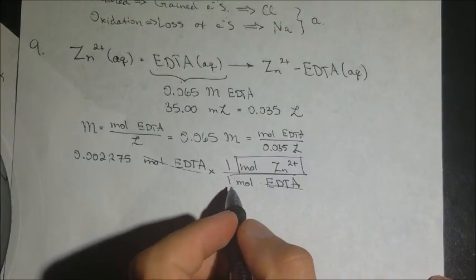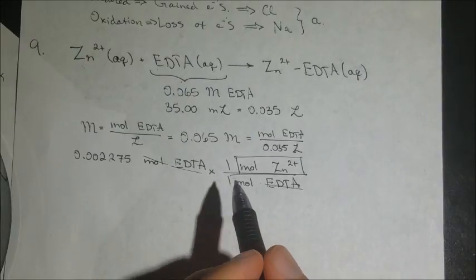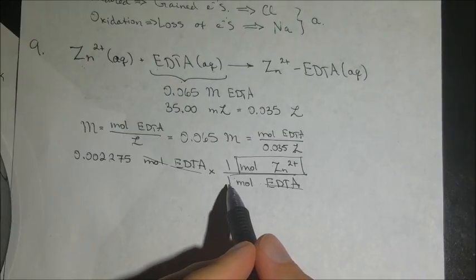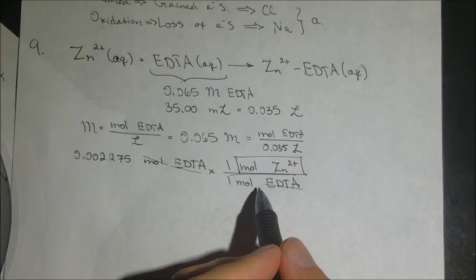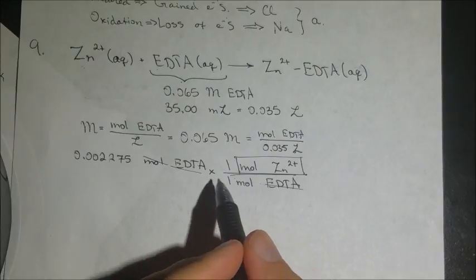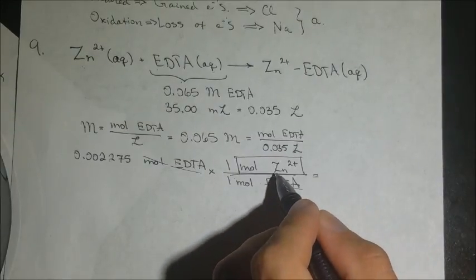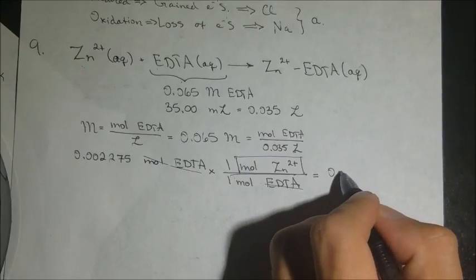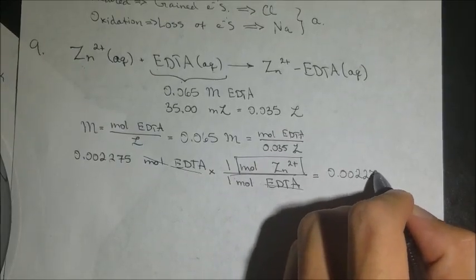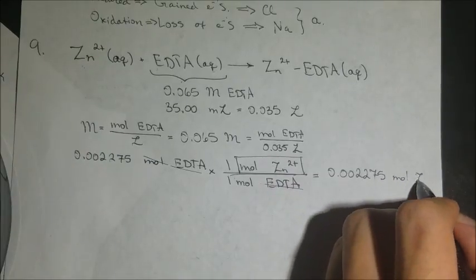So once again, and I promised I'd be saying this, and sure enough I'm saying it here, the number did not change, but the units changed. Very, very important. So as long as you show your units, you can show how your conversion took you from moles of EDTA into moles of zinc. So 0.002275 moles of zinc.